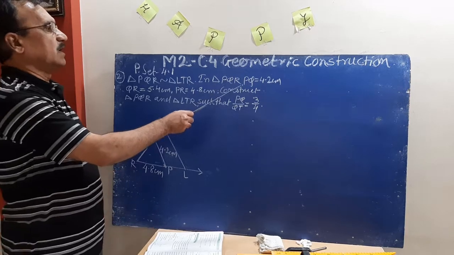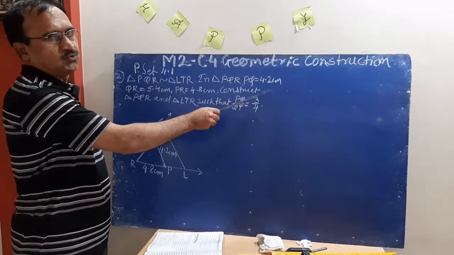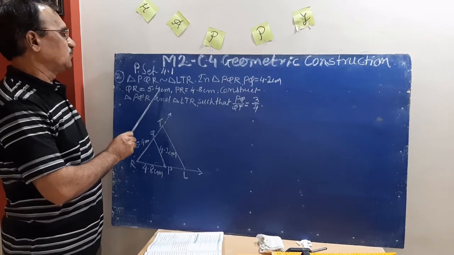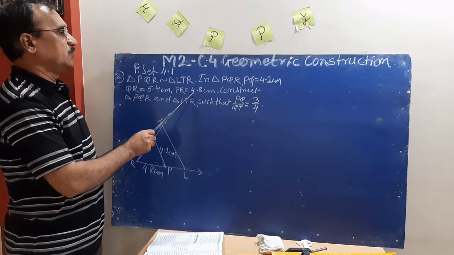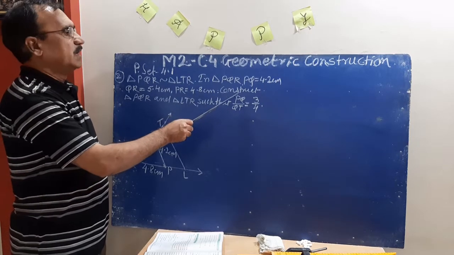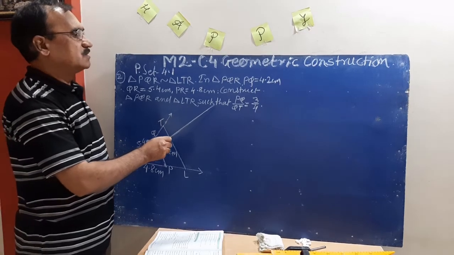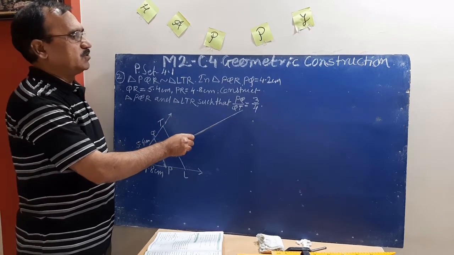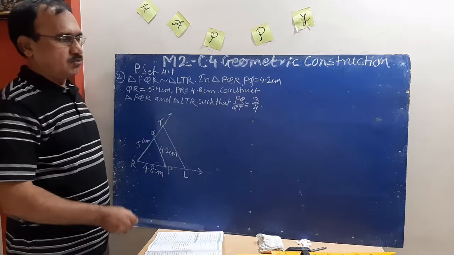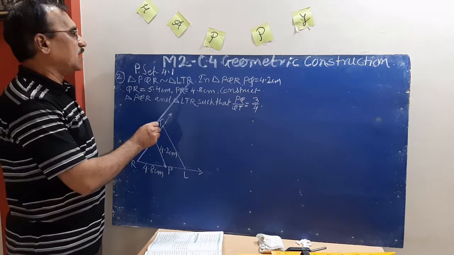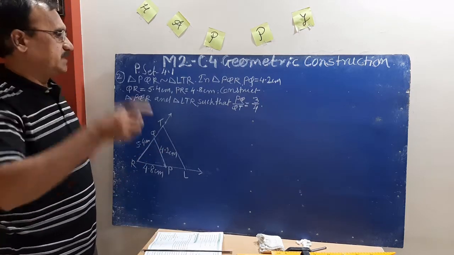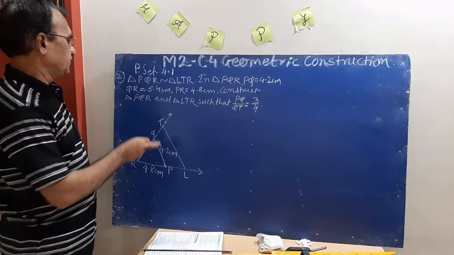In triangle PQR, PQ is equal to 4.2 cm, QR is equal to 5.4 cm, PR is equal to 4.8 cm, and construct triangle PQR and triangle LTR such that PQ upon QT is equal to 3 upon 4. Here point R means one vertex is common, that is the second method.